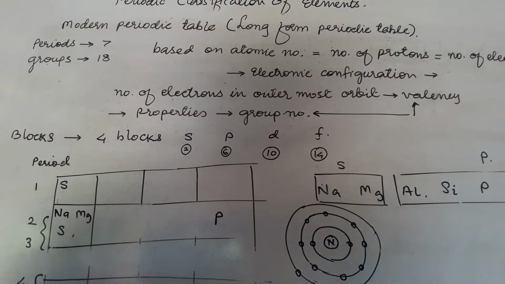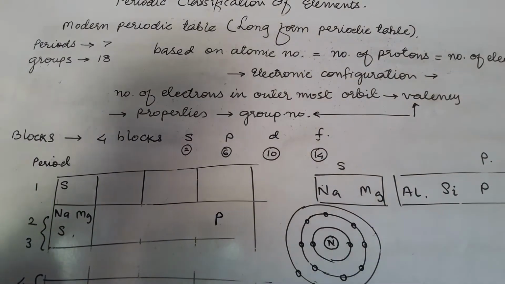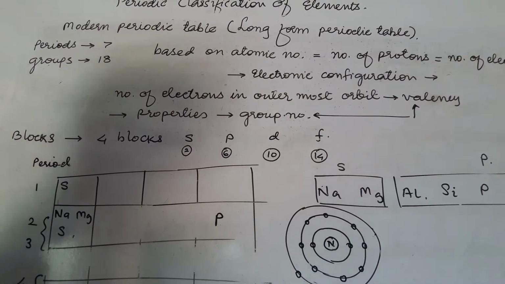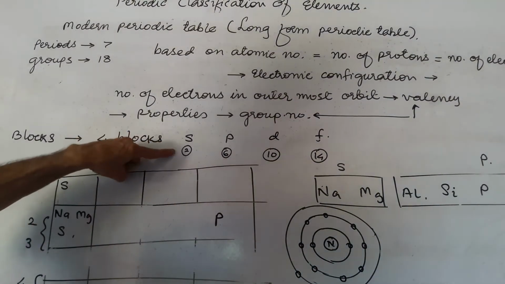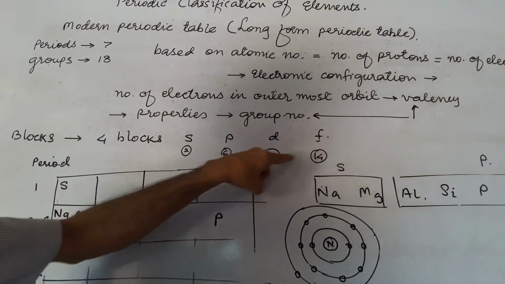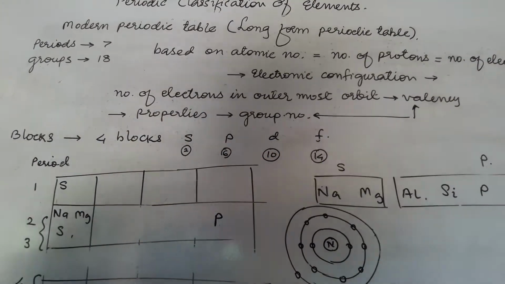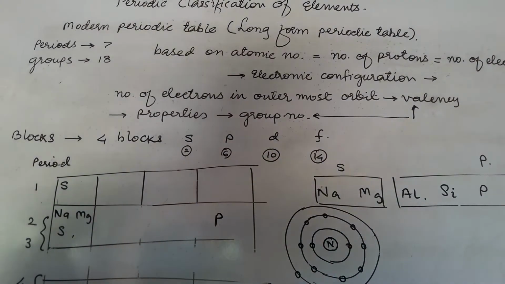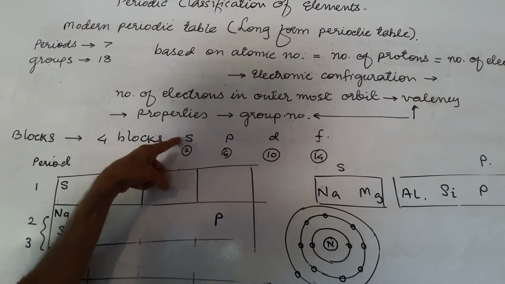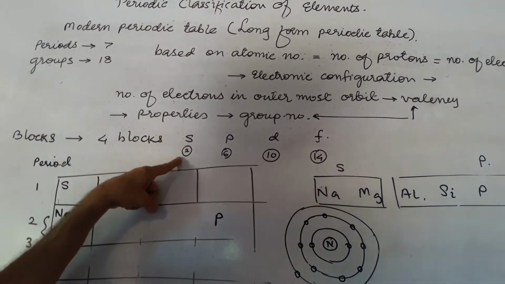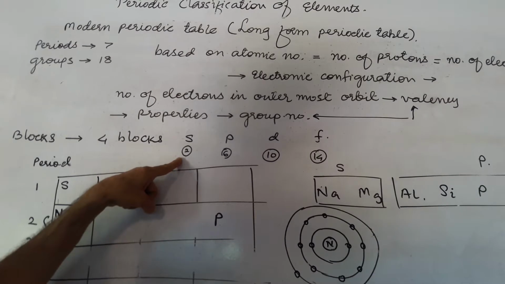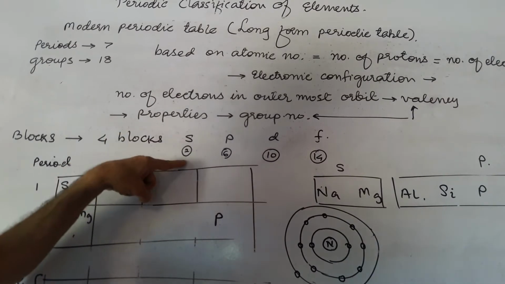Now next, we have divided the long form periodic table into 4 blocks: S, P, D, F. These are 4 very important blocks. Of these 4 blocks, the first block S consists of only two elements, not more than 2.